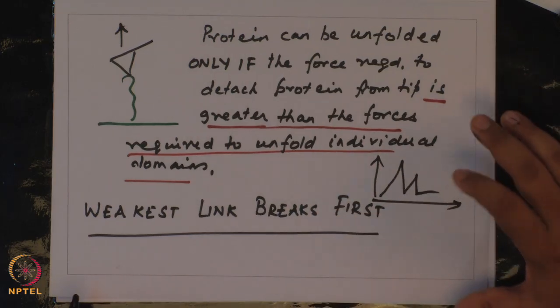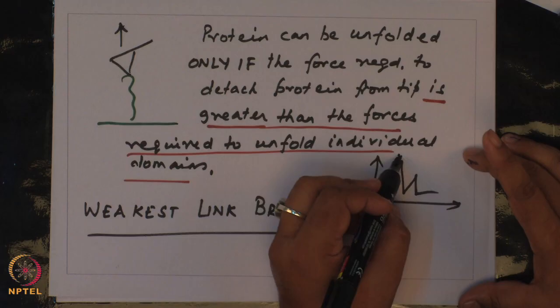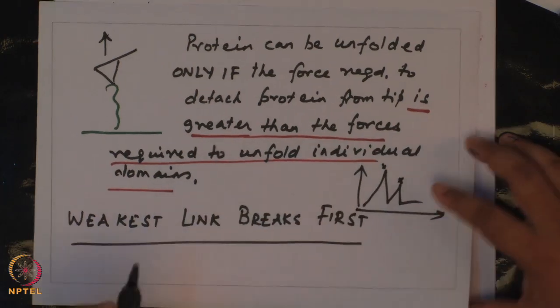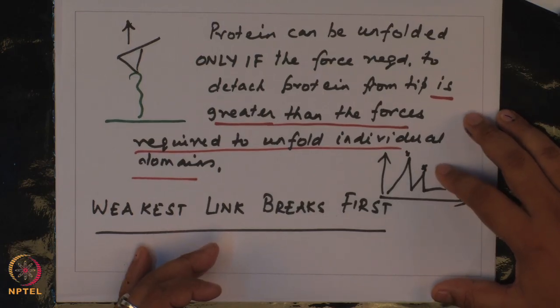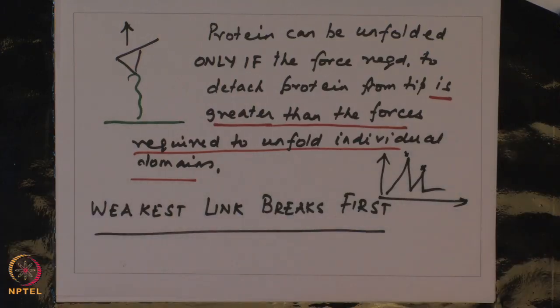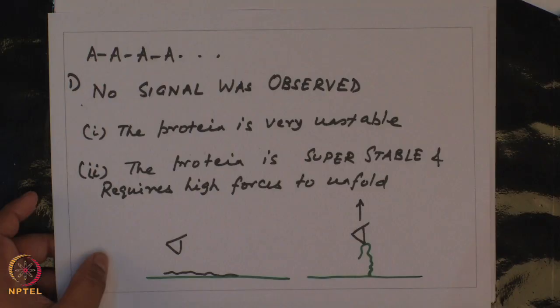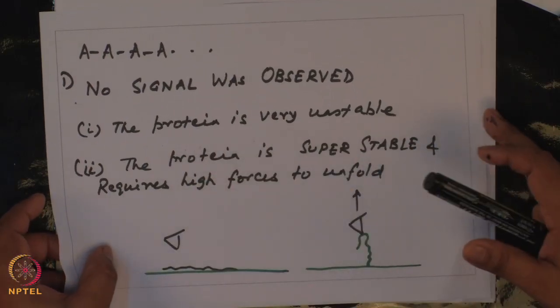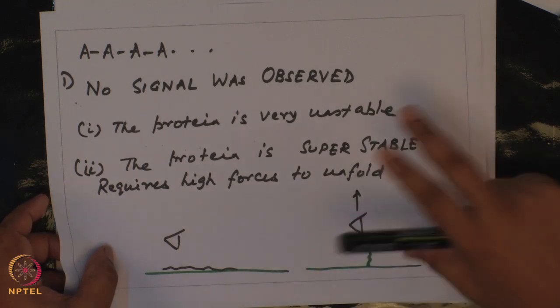This is associated with detachment of protein from the surface, and this is associated with detachment of tip from the protein. So, if your protein domains are very stable, then also you will not see any signal. There are two possibilities I have said: protein is very unstable, then you will not see much; protein is super stable and requires high forces, then also you will not see it.